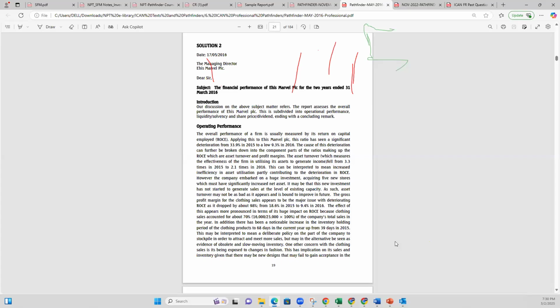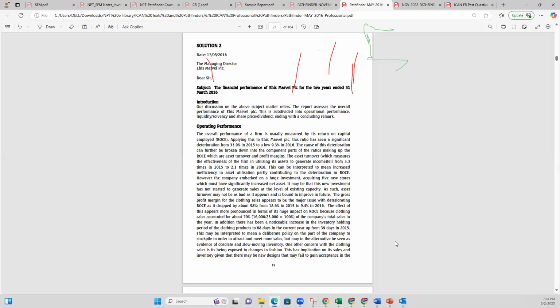Operating performance. The overall performance of the firm is usually measured by its return on capital employed, ROCE. Applying this to Ace Marvel PLC, this ratio has seen a significant deterioration from 33.9% in 2015 to a low 9.3% in 2016. The cause of this deterioration can further be broken down into the component parts of the ratio, which are asset turnover and profit margins.